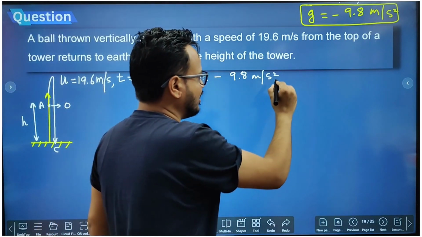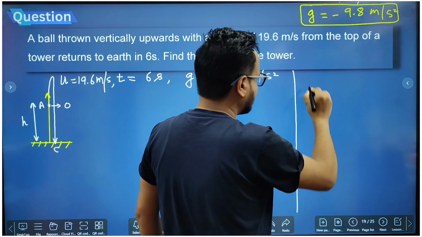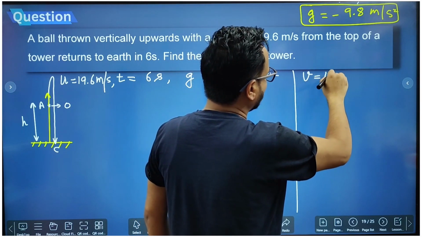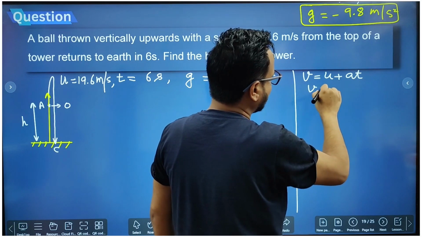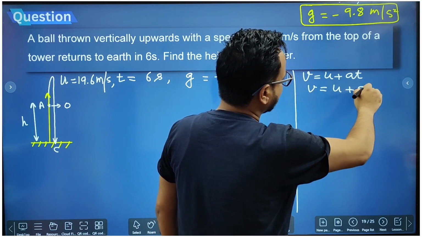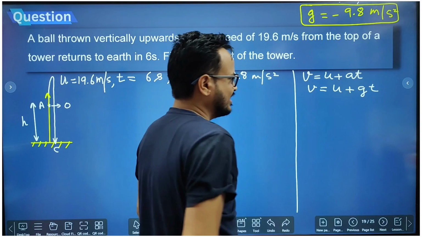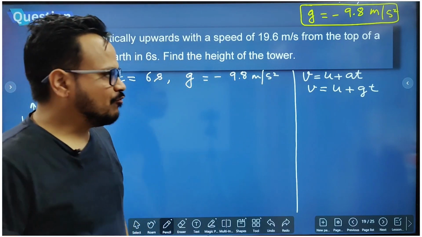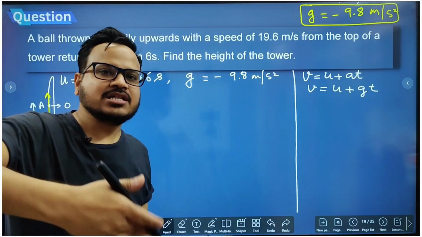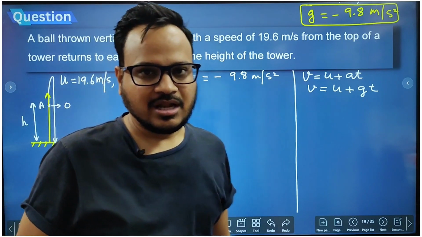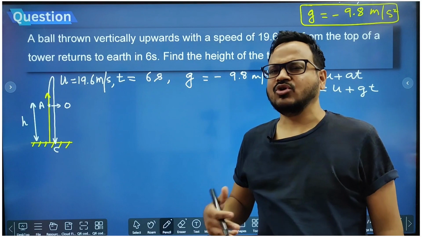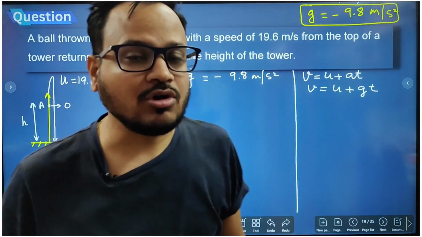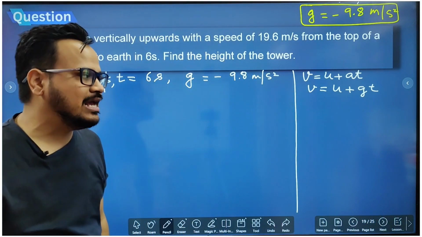Okay, so the three equations. First equation, v equal to u plus at, becomes v equal to u plus gt. We have to put just g in place of a, and when the body is moving in the vertical sense, then we do not call it distance, though it is distance, but we call it height. So we will replace s by h and a by g.